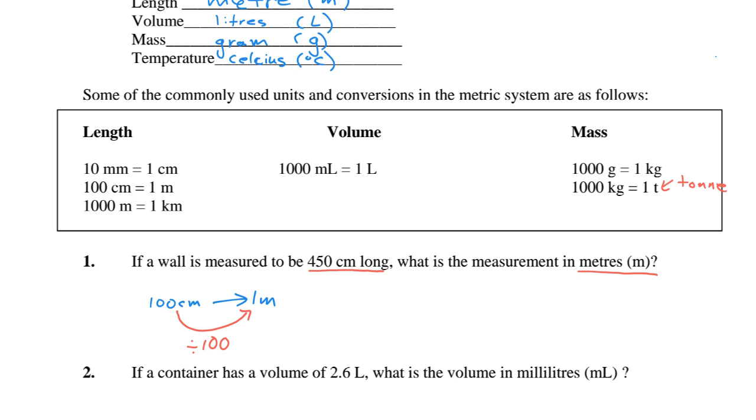We're going to have 450 centimeters being translated into blank meters. Now, all we're going to do is use the same ratio or division that we've got. We divided by 100, so we're going to divide by 100 here. Dividing by 100, and you end up with 4.5 meters as your final answer.